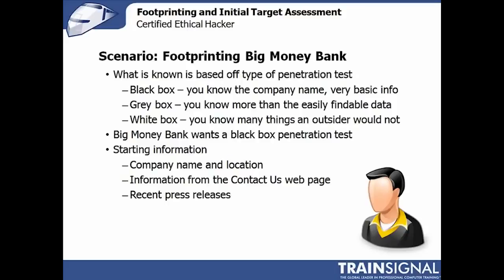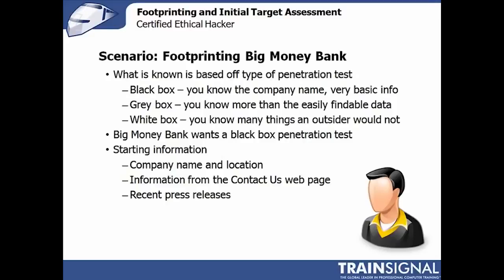In this case, Big Money Bank wants to know exactly how the attackers found out so much information and then got access to the data. Therefore, Big Money Bank wants a black box penetration test. So for a Big Money Bank black box penetration test, quite a tongue twister, we have to start with really basic core information and nothing more.